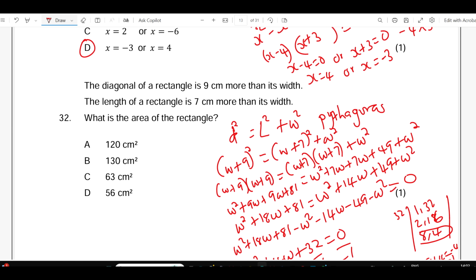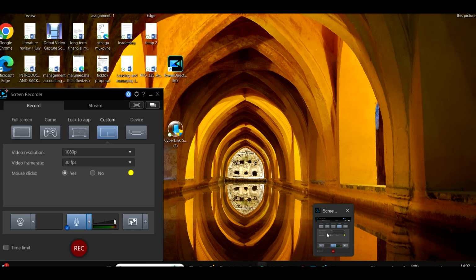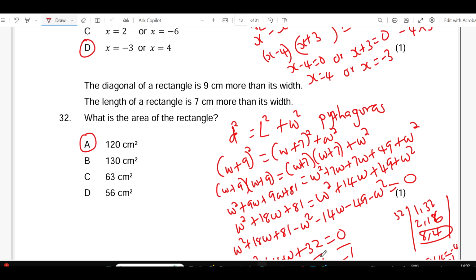The correct answer is 120 centimeter squared. So the correct answer is going to be 120 centimeter squared.